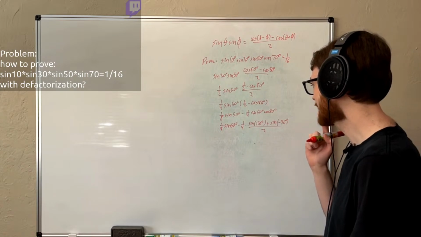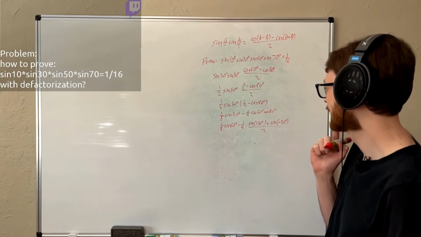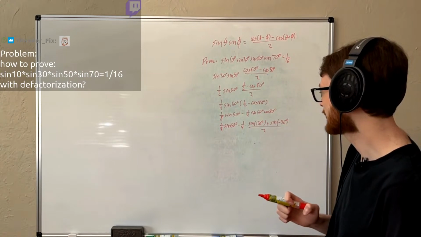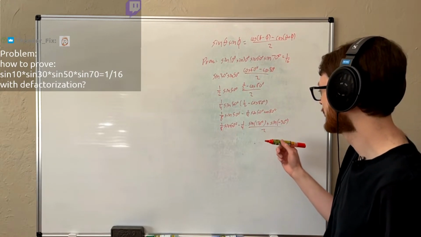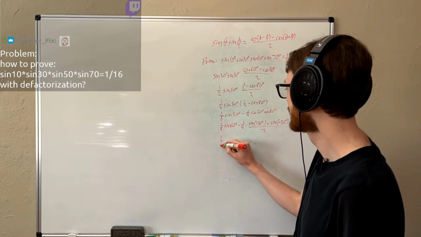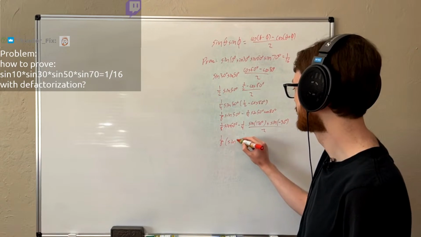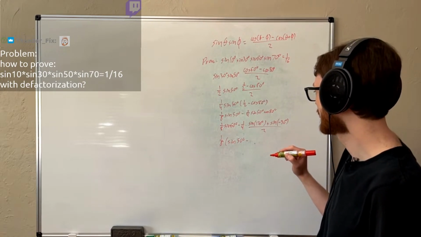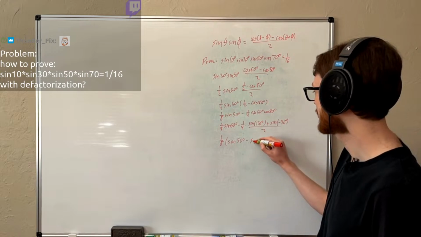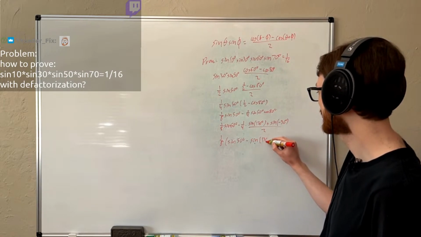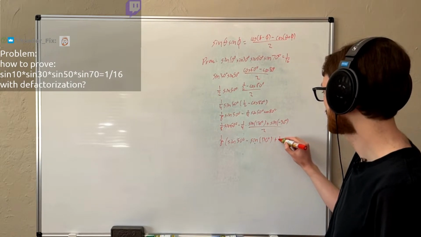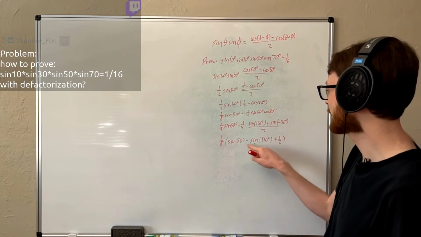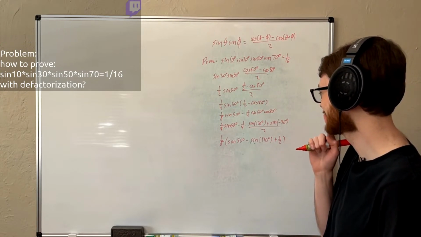I kind of hate everything about this, because sine of 50 and sine 130 don't really relate to each other in any way, do they? So we get... if we can prove these are 0, we're in business.